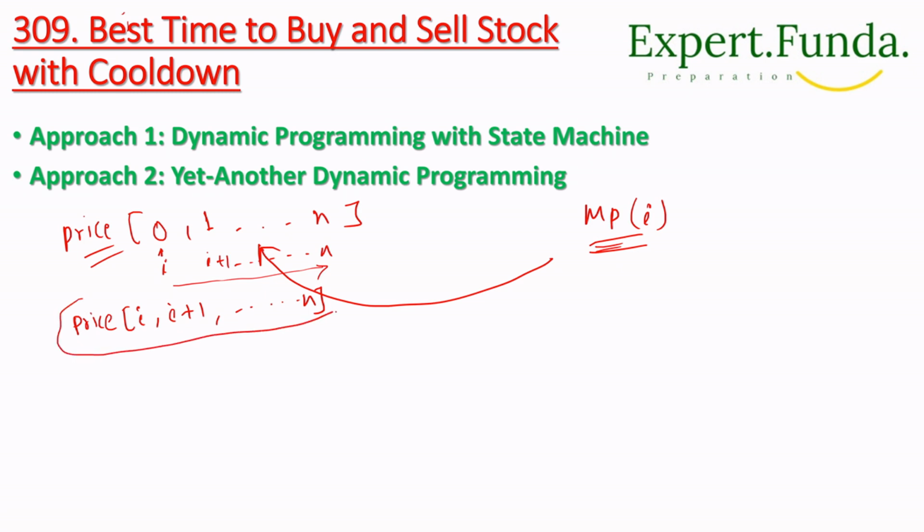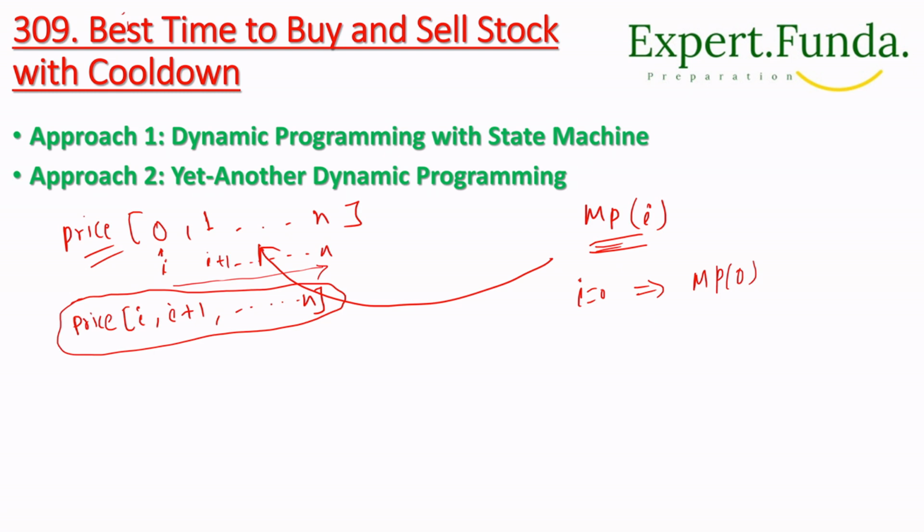This is the given definition. One can see that I equal to 0 means the output of the function is MP of 0, and it is exactly the result that we need to solve the problem.